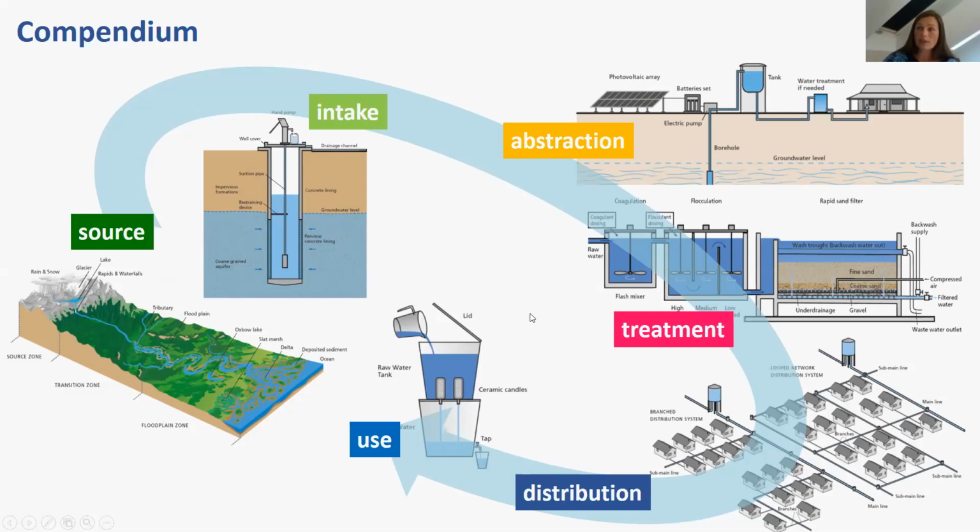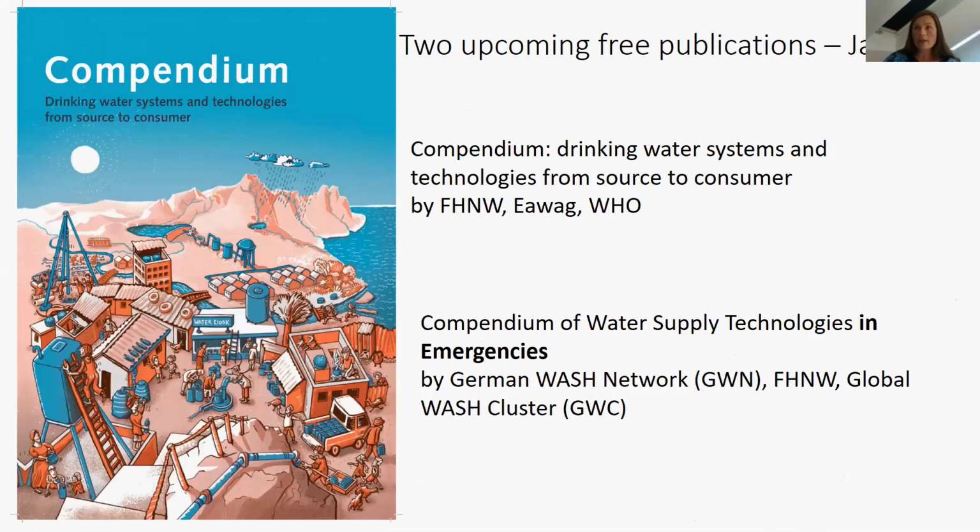So these are the six categories, or what we call six functional groups, which build the basis for structuring the whole water supply from source to consumer in one single document, which we call the compendium for drinking water systems and technologies. This compendium is built very similar to the sanitation compendium, which I presented last time, and has a similar background behind it.